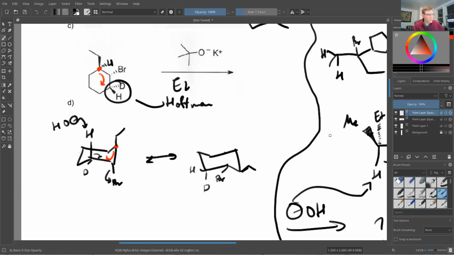We draw our ring, we pick this carbon, and we start going around. We just say one of these is going to be the blue carbon, and we start going around. Right? At what point does a group like the ethyl group now become too big to be axial? So is ethyl okay?